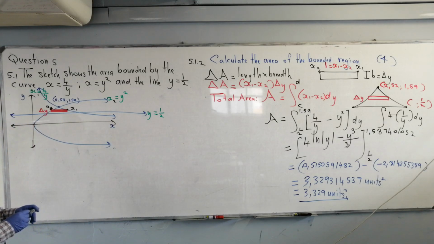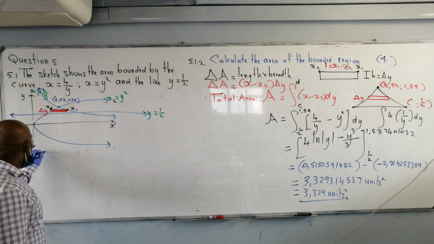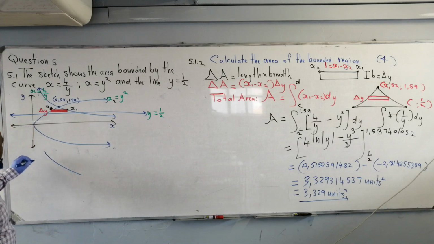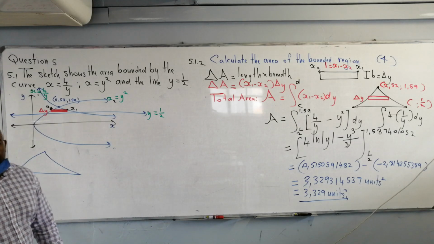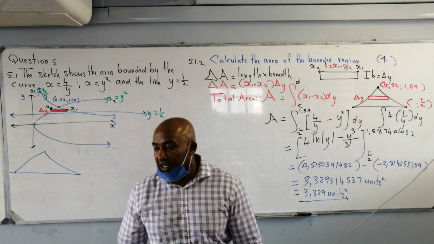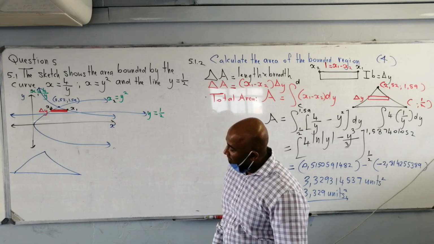You got your area. So there's my area. Let me redraw the area which is going there, there, and coming something like this. So there's your area again. I'm just enlarging what we have there.